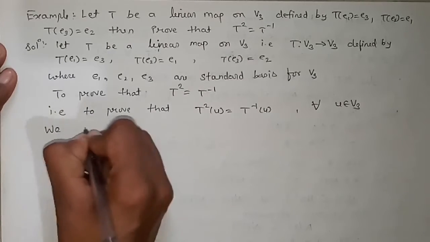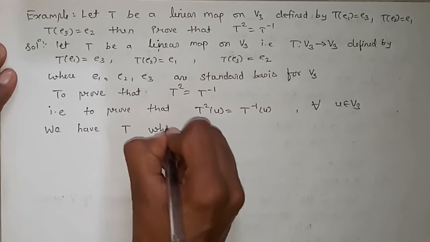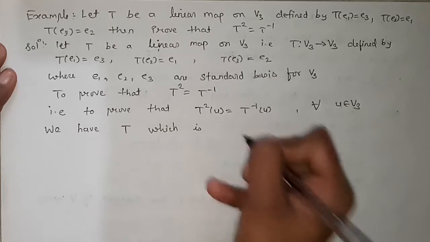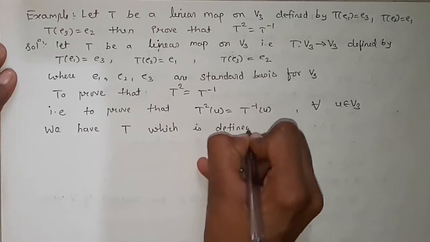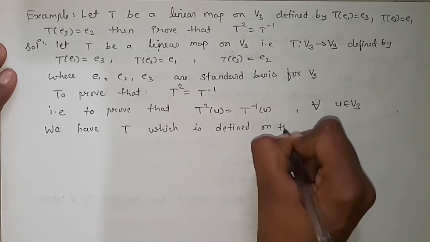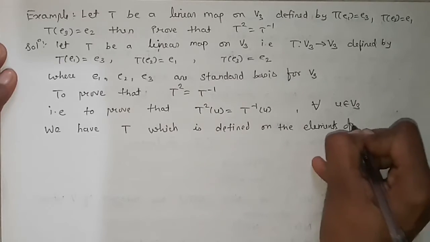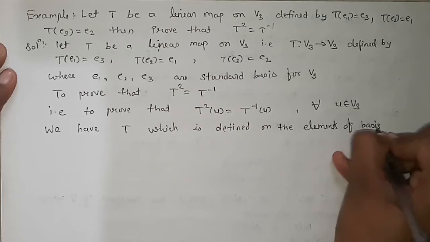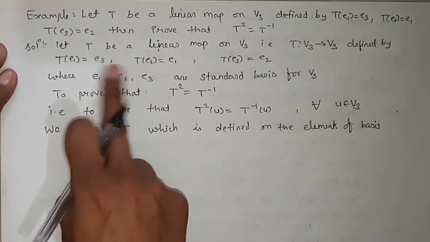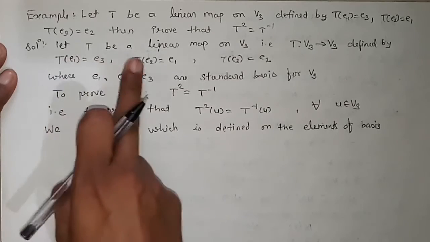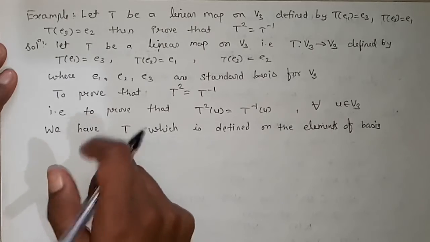We have T which is defined on the element of basis. See, here we have T. This is defined on the element of basis because T of E1 is equal to E3, T of E2 is equal to E1 and T of E3 is equal to E2.